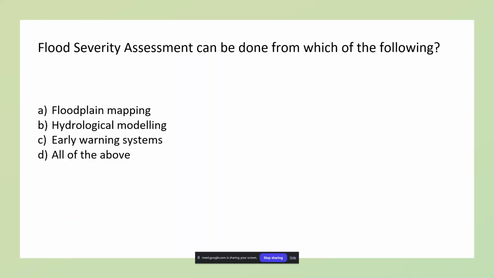Any guesses? Anyone? Give a minute. Any answers?